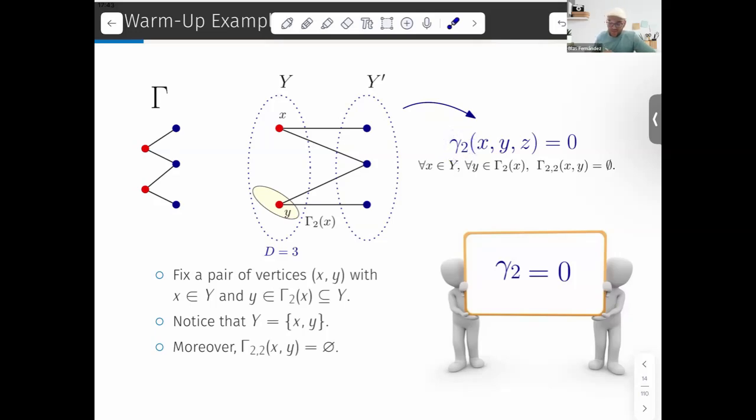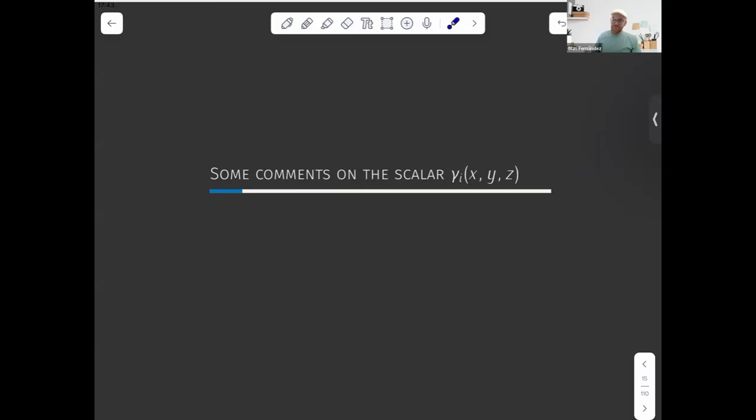This is an example of a graph which is 2-Y-homogeneous, where the scalar gamma 2 is 0. We are interested in other cases in which this scalar gamma 2 is of course non-zero, but these examples satisfy all our definitions.